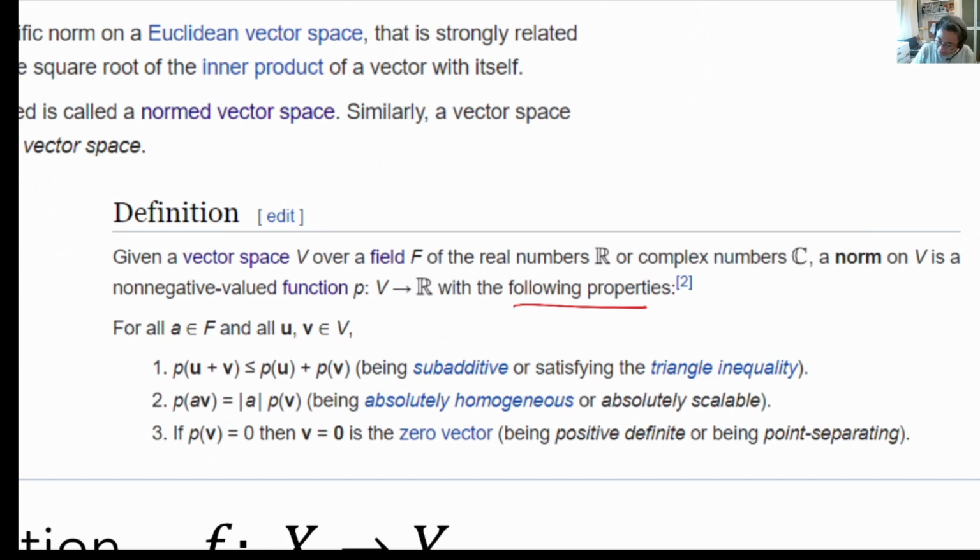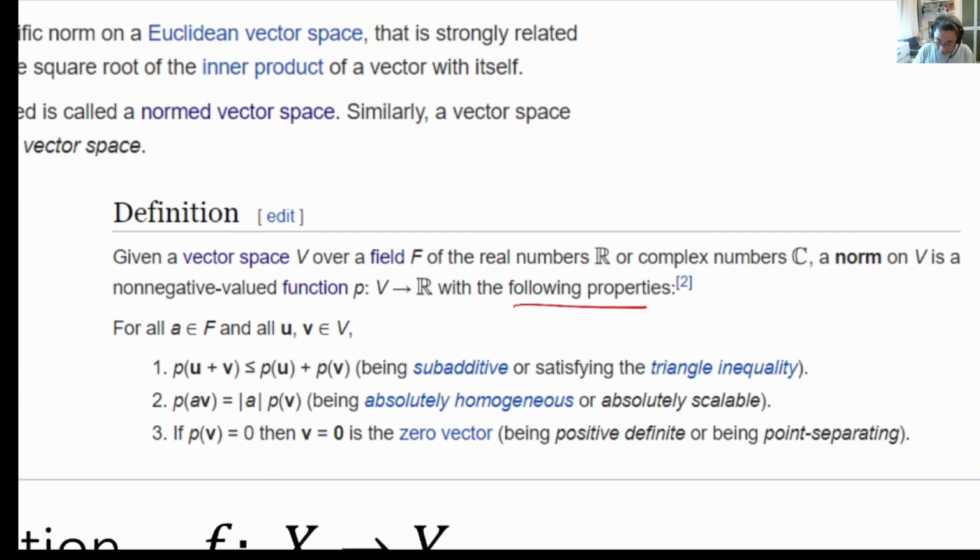The second property, which is the absolute scalable property, or sometimes called the absolutely homogeneous property, says this. The scalar a multiplied by v, and we take the norm of this av, is equal to the absolute value of the scalar a multiplied by the norm of v.